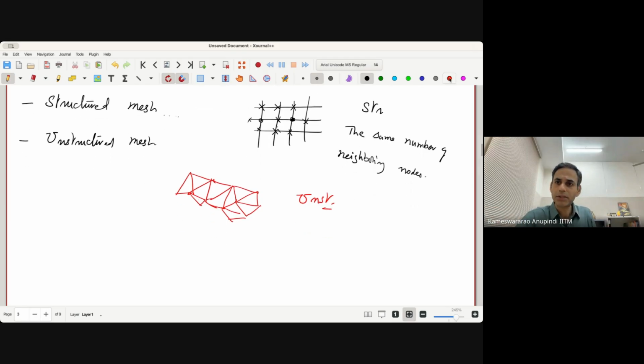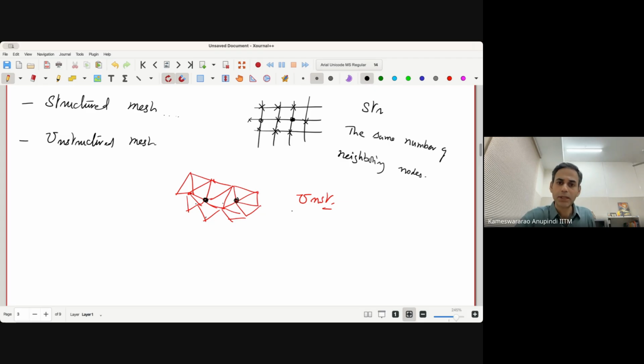Whereas if you take certain meshes, like for example this triangular mesh, if you pick any vertex here, this vertex may have more nodes around it compared to another vertex here. This basically depends on how many triangles are sharing this vertex, right?